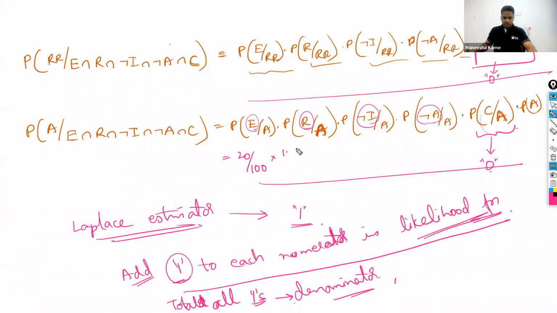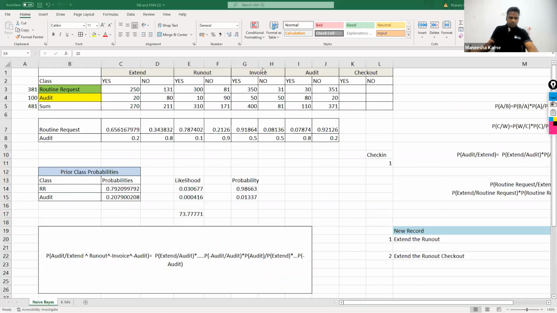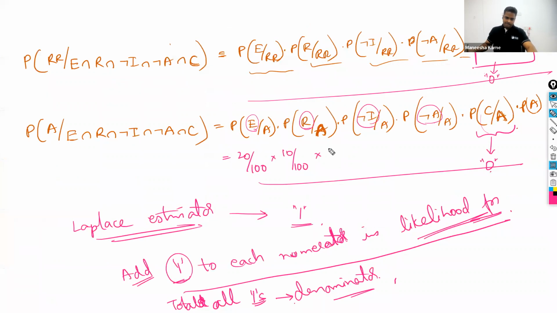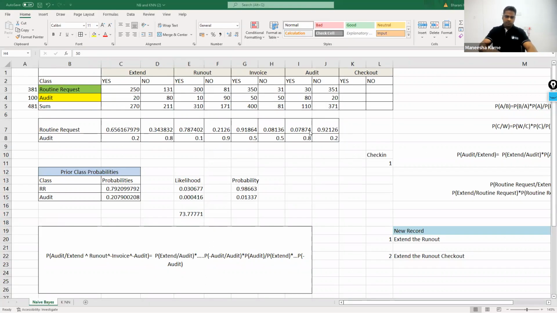Into 10 by 100 into probability of not having the word invoice given audit. Not having the word invoice, the number is 50 given audit 100. So it will be 50 by 100. Into probability of not having the word audit given audit, 20 by 100.